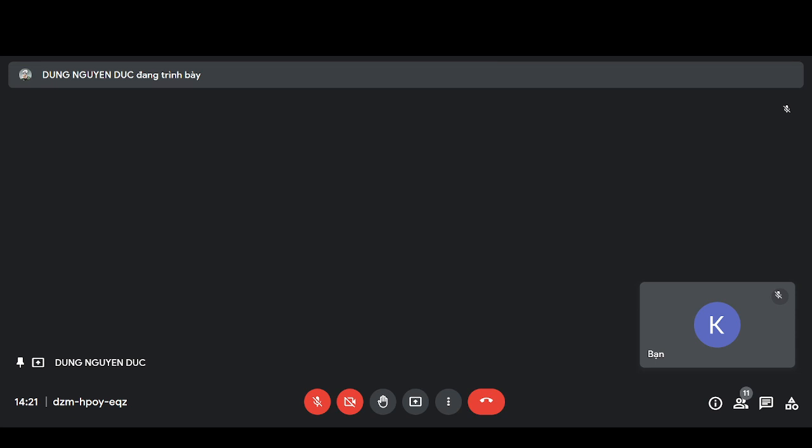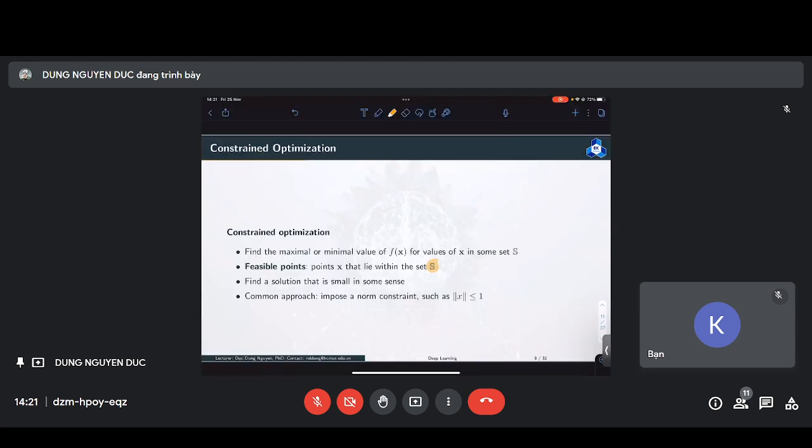And think about it. This is so abstract, but if you think carefully, the feasible points are some points in a set that make the derivative of the function zero. Why?